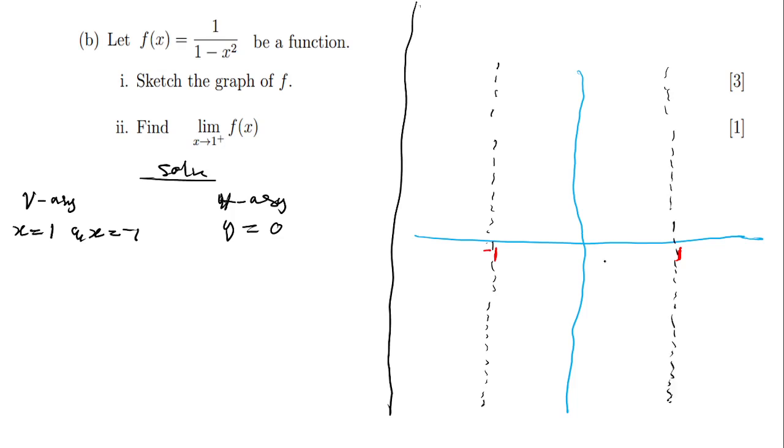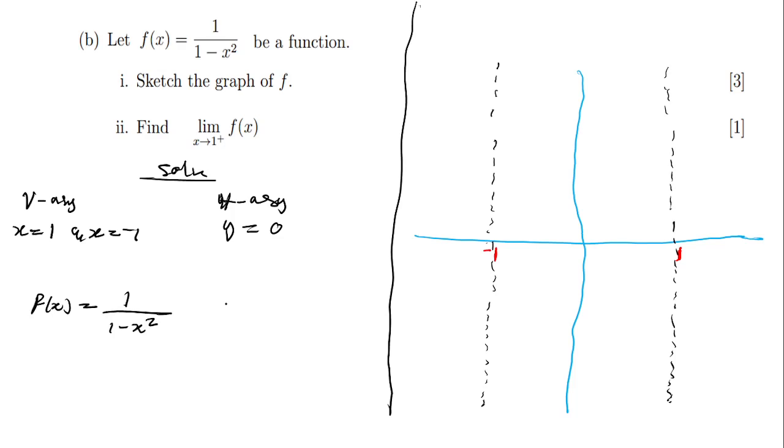Okay, once you put these here, your next thing is to try out how the graph is behaving. Remember, we have numbers on this side and numbers on that side. So I'll start with this part. I have a function f of x is equal to 1 over 1 minus x squared.